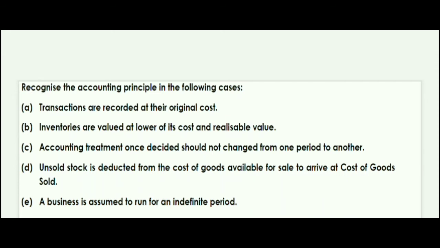So once again I repeat, unsold stock is deducted from the cost of goods available for sale to arrive at cost of goods sold. So the answer will be matching concept. Matching concept is an accounting principle under which unsold stock is deducted from the cost of goods available for sale to arrive at cost of goods sold.